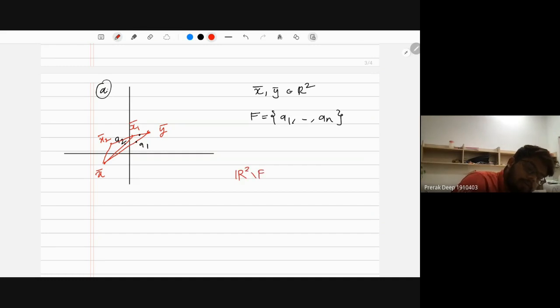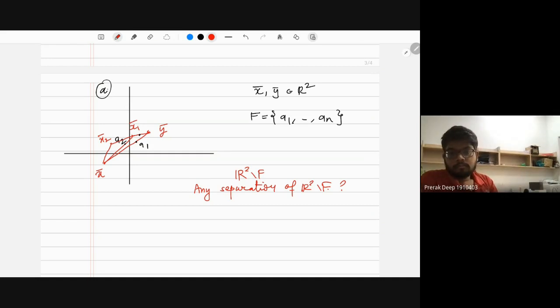Can you find any separation for that? If you think that it is not connected, then you must have some intuitive idea of the separation, right? So what is the separation that you are thinking of? I just want to know that. It need not be explicit.